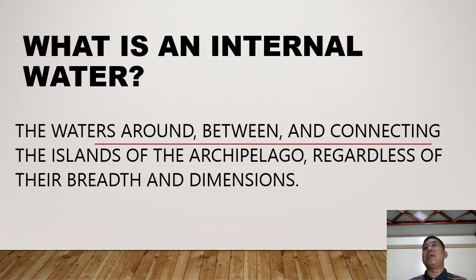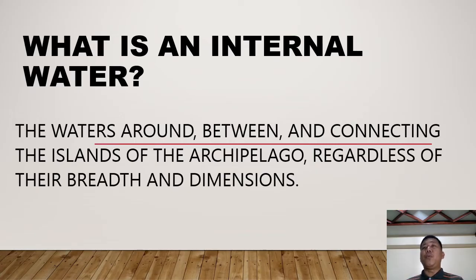But because of the archipelago doctrine, the waters around, between, and connecting the islands, regardless of their breadth and dimension, whatever their size, form part of the internal water. And that is why under the archipelago doctrine, it seems that we are but one landmass from Aparri to Jolo, or from north to south.